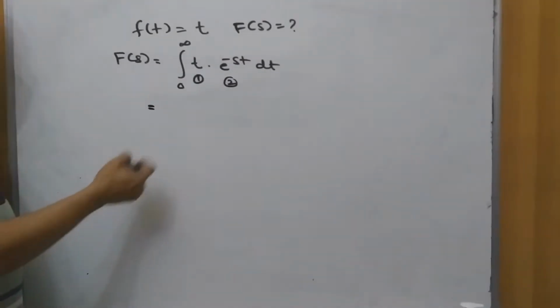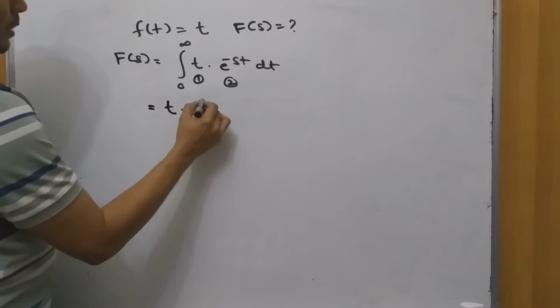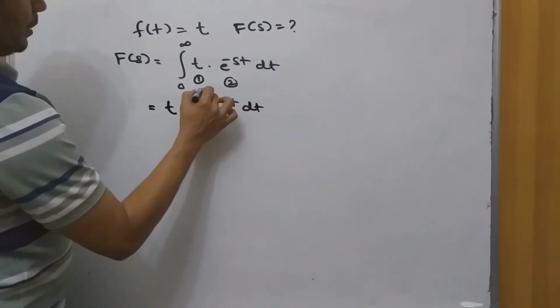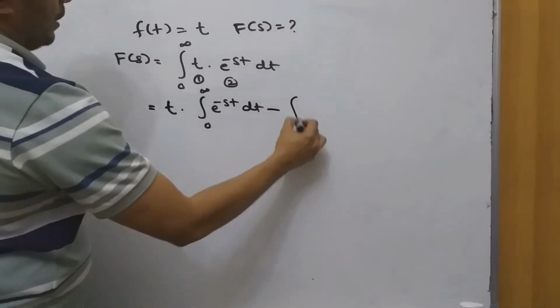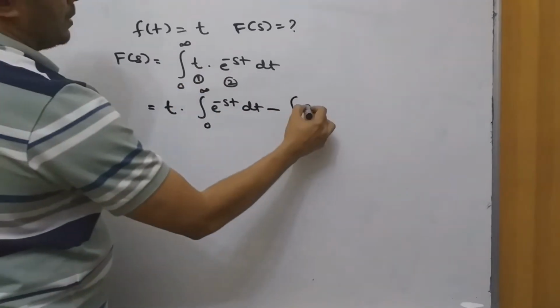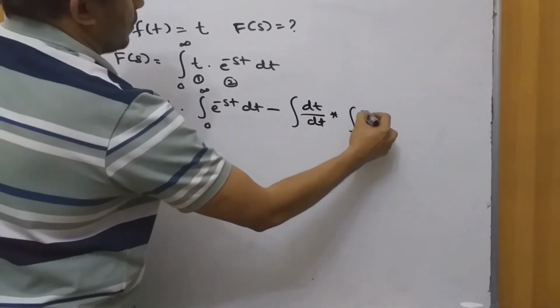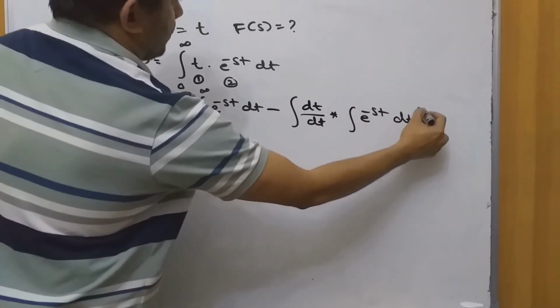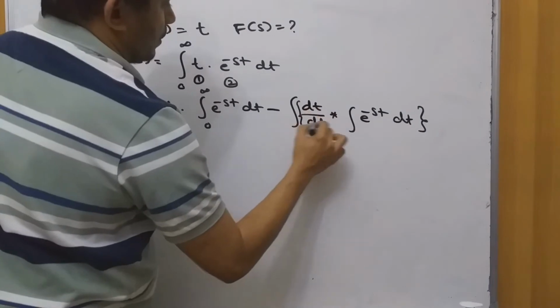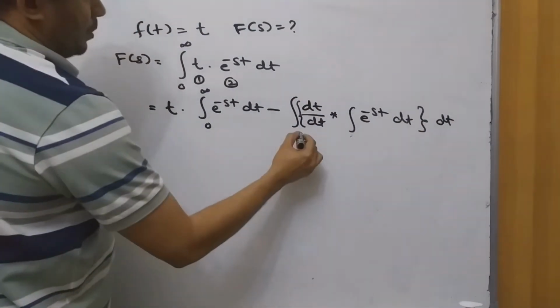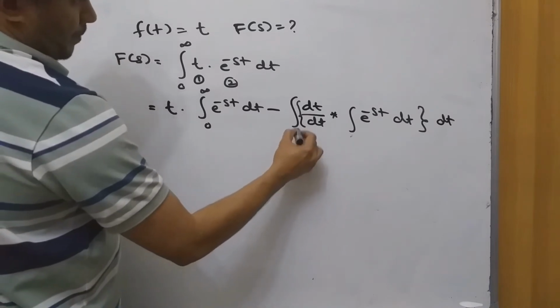As per the integration rule, first function into integration of the second with the limit 0 to infinity, minus integration of the derivative of the first, which is dt by dt, into integration of the second. This whole thing is supposed to be in dt with the limit 0 to infinity.